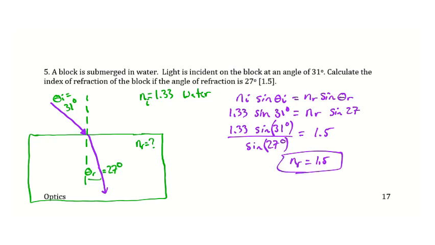A good conceptual question would be, did the light speed up or slow down when it went from water into the block? So to do that, we would simply look at the ray of light, and we would say, does it bend towards or away? So what do I mean by that? Well, if there was no medium boundary here, what would the light do?